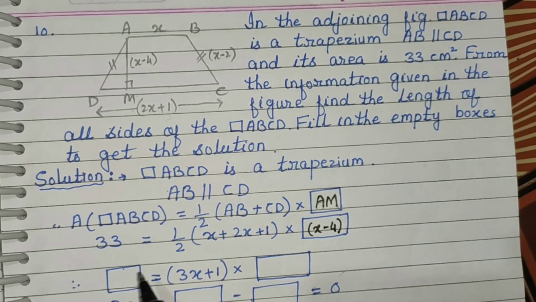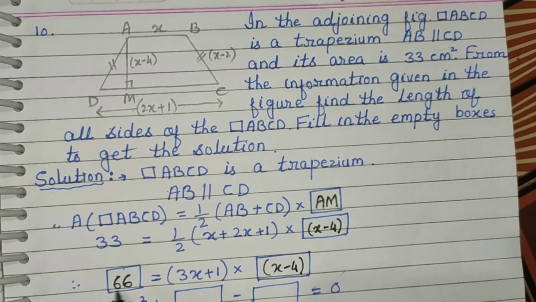Now, the next step, box is equal to 3x plus 1. Now, x plus 2x we get here 3x plus 1 into. Now, here 33, 2 is shifting to the left hand side. We get 33 into 2 means 66 is equal to 3x plus 1 into x minus 4.